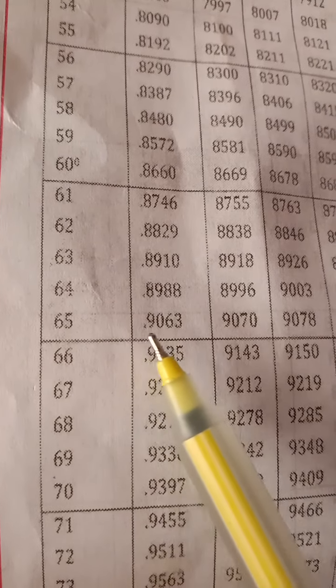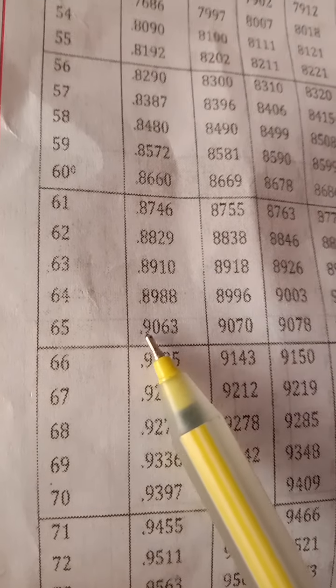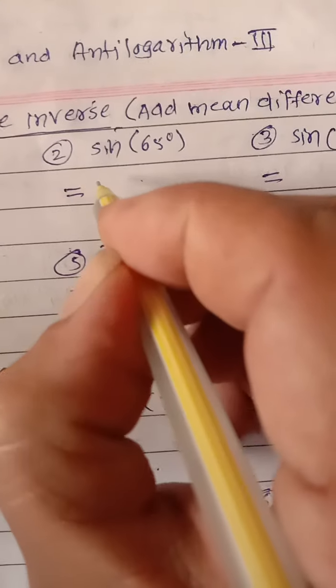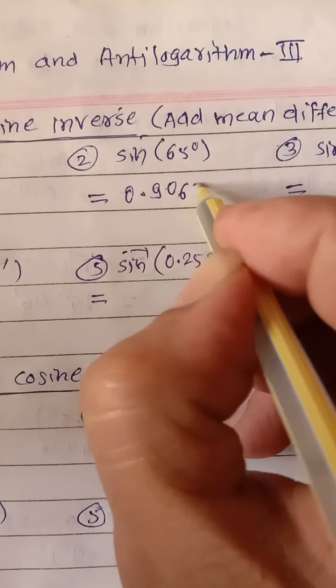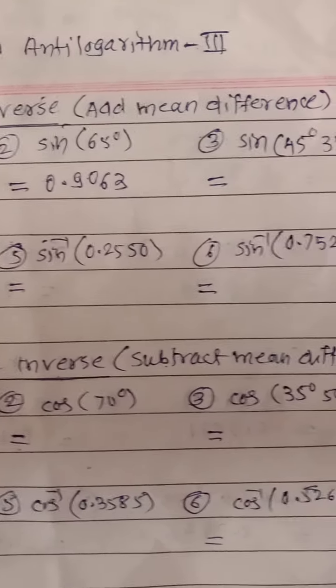There are no minutes, and therefore directly we can find in the 0 minute column, that is 0.9063, this will be the value of sine 65.